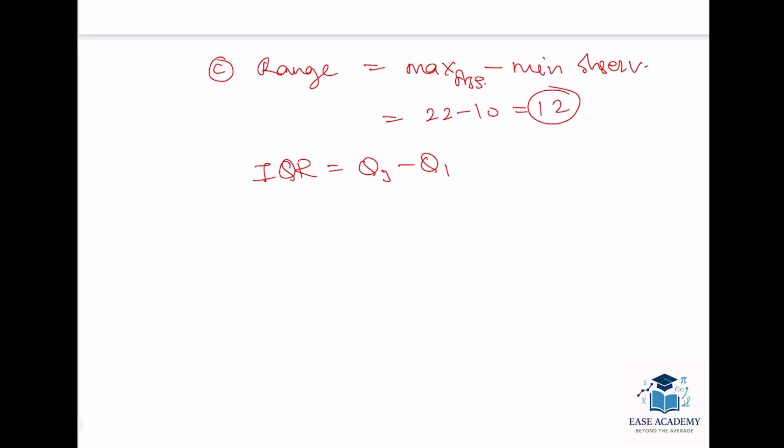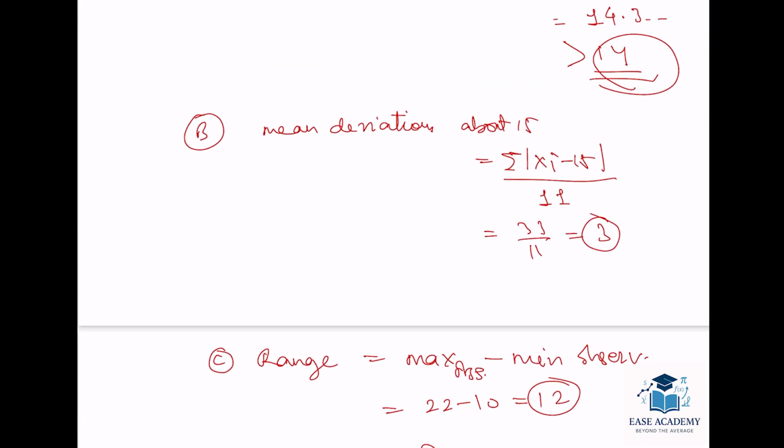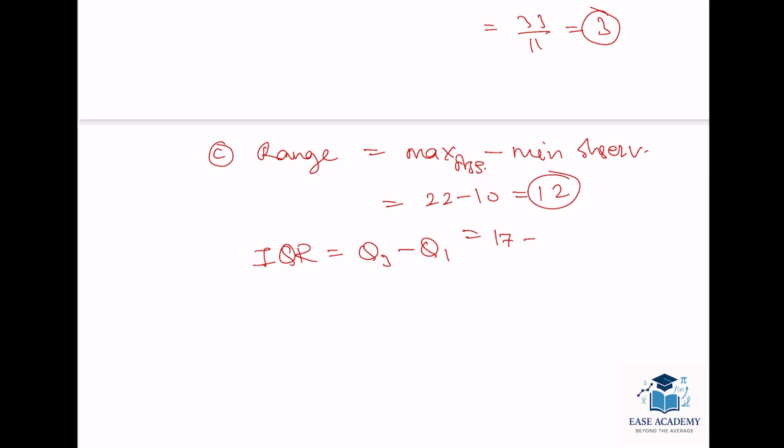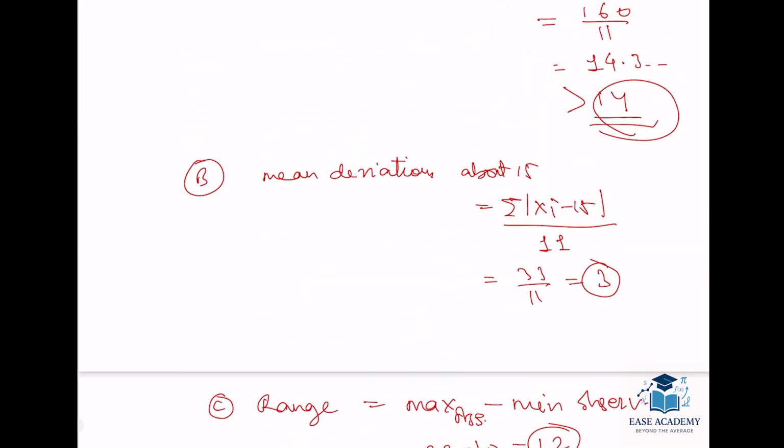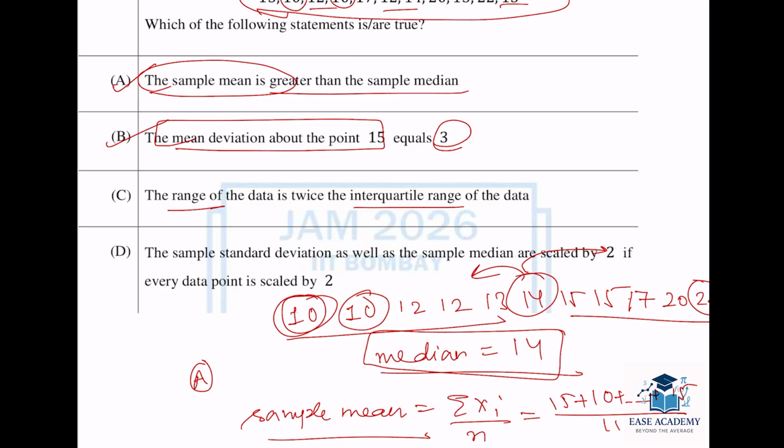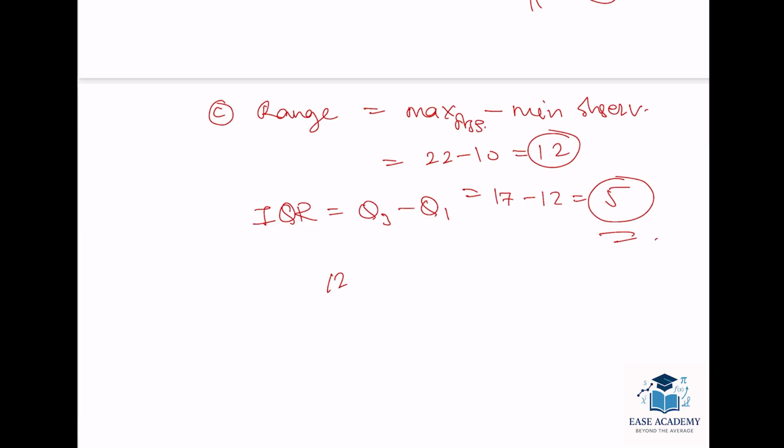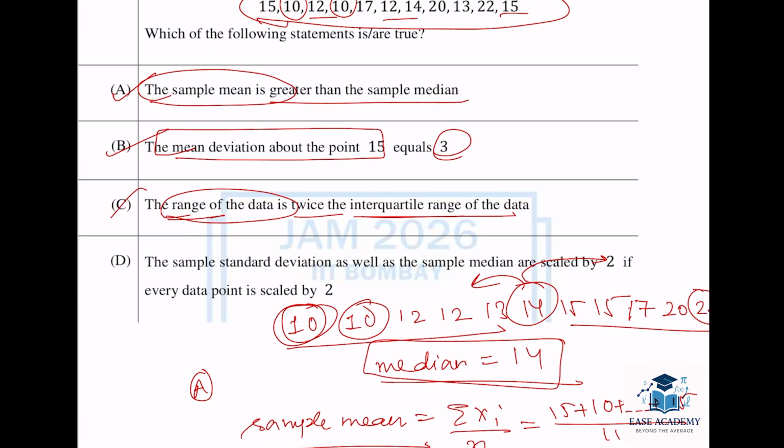So we get Q3 as 17 and Q1 as 12. So we get 17 minus 12, that is 5. And we need to check whether range is twice the interquartile range. No, the range is 12. 12 by 5 we can't get 2. So the C option is wrong.